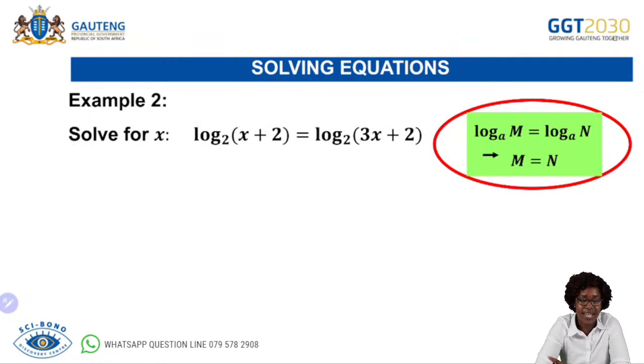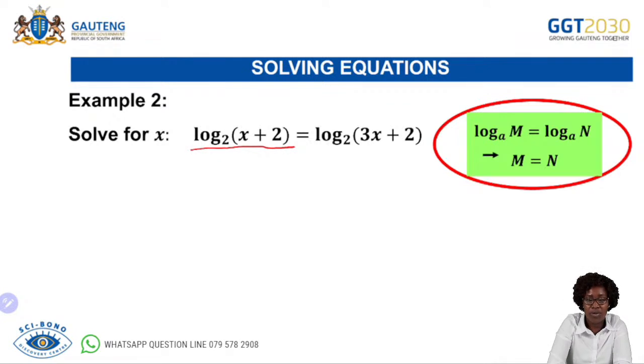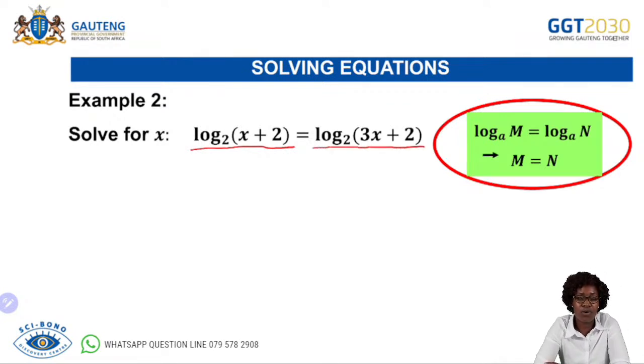Right, the next example has got too many terms, but please don't panic. We also have a rule that we can use that will help us in future. On the left-hand side, I have log of (x plus 2) to base 2. On the right-hand side, I have log of (3x plus 2) to base 2.